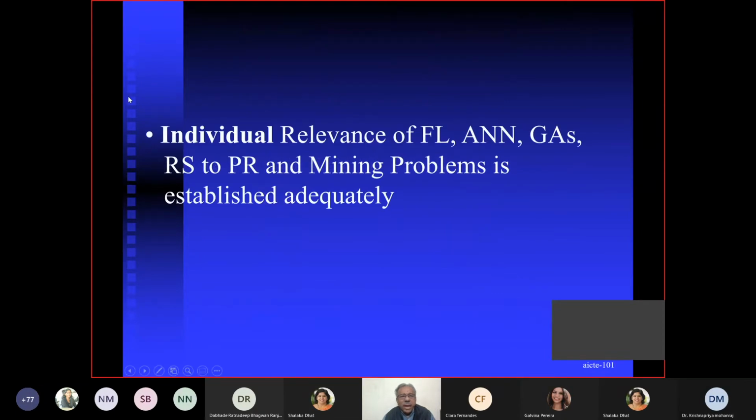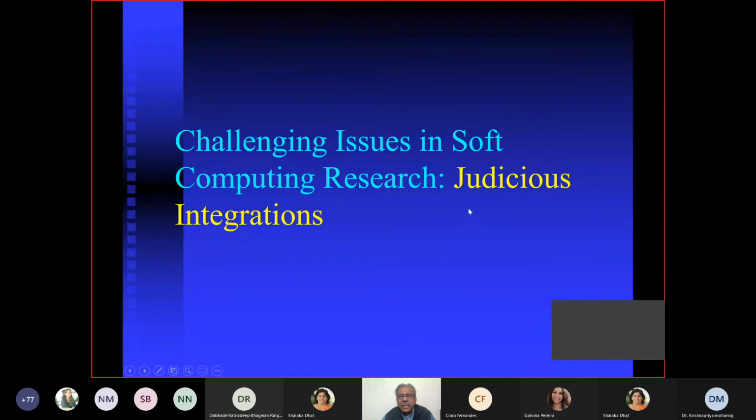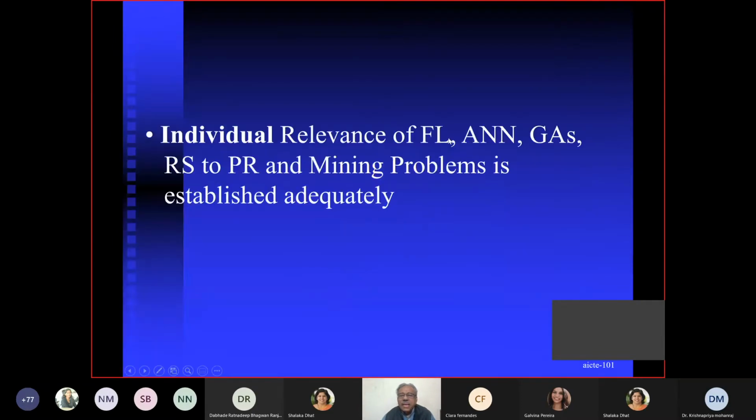So far I have explained the individual relevance of these tools for pattern recognition and mining problems. Now the next question comes: what is the challenge in judicious integration? How to make it judicious, because every tool has its limitation. As I told you before, fuzzy set has a limitation because we don't know how to find the membership value parameter.